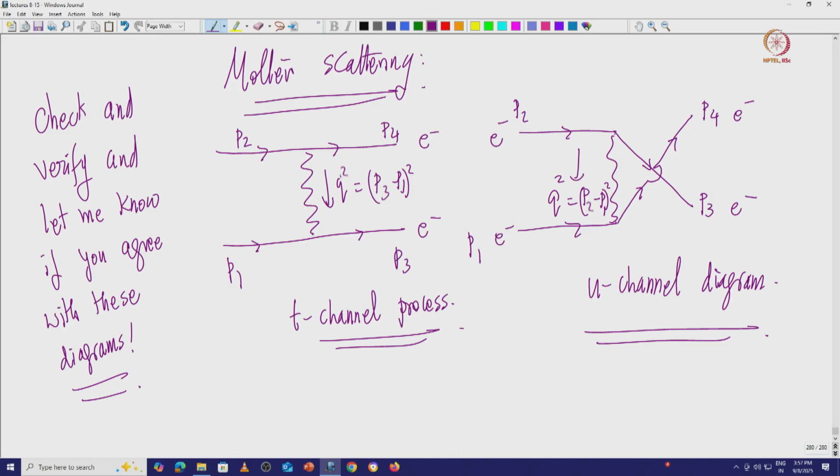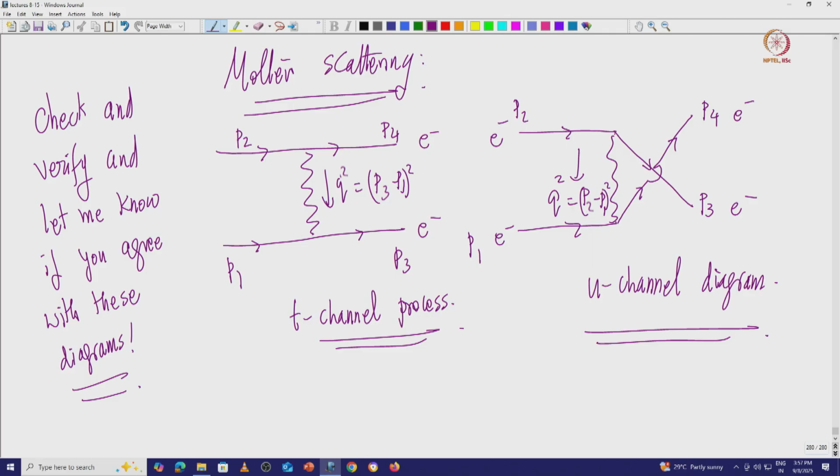The rules I told you are that charge should always be conserved, and you should not violate charge conservation and Lorentz invariance. These are the two main things. Without violating these two, if you can draw any other diagram, let me know, or if you agree with these two diagrams, let me know. So this is a T channel process and this is a U channel process which contribute to the Moller scattering.